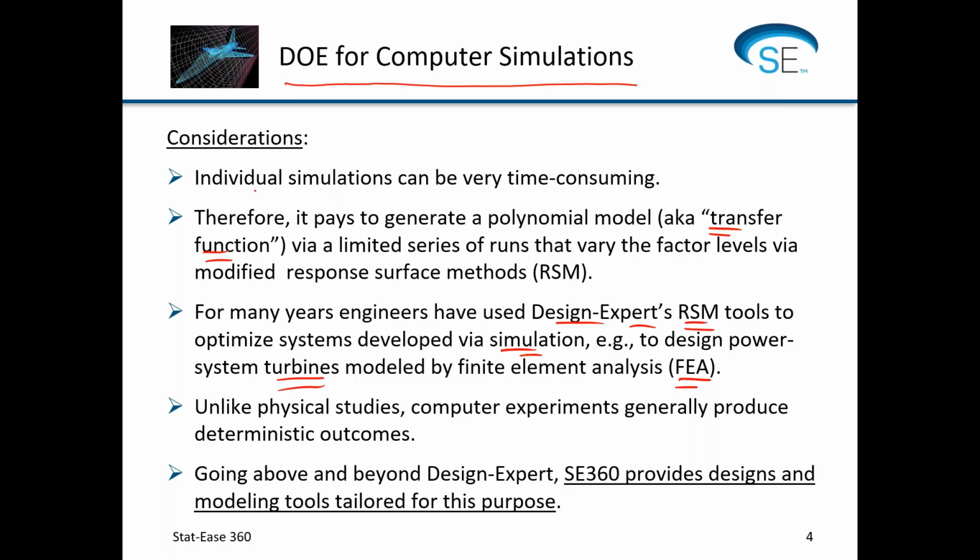Because the individual simulations are so time consuming, it pays to generate these transfer functions, which are polynomial models. One of the standard models is to predict your response as a function of the input main effects, let's say x sub 1 and x sub 2, the interaction of the two, which is really critical, which is a two-factor interaction, but then also squared terms.